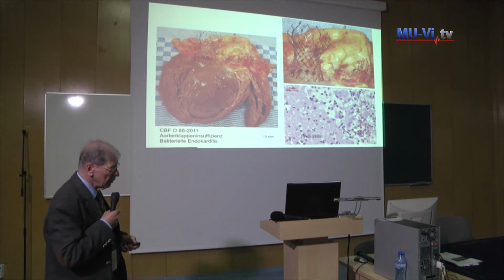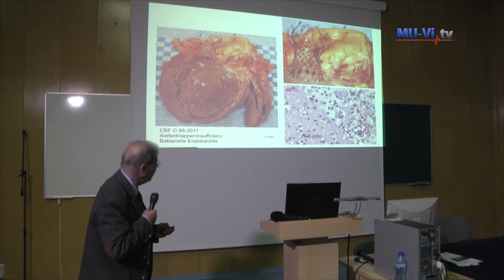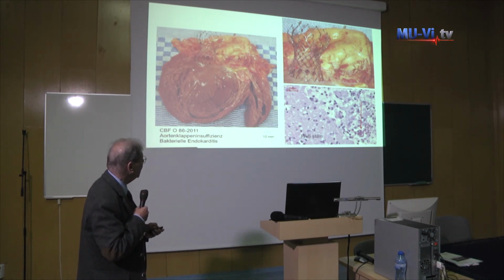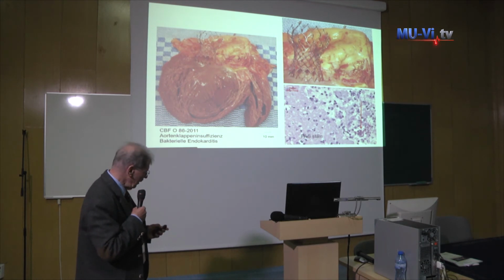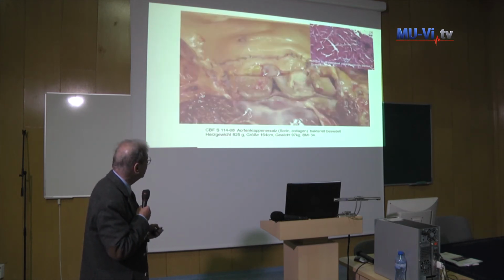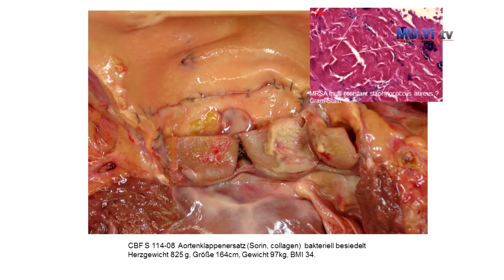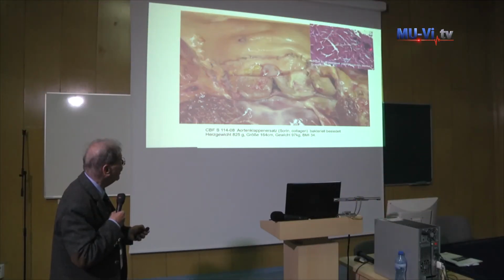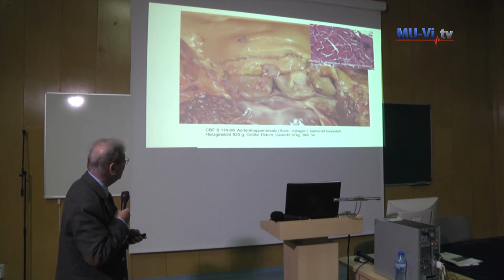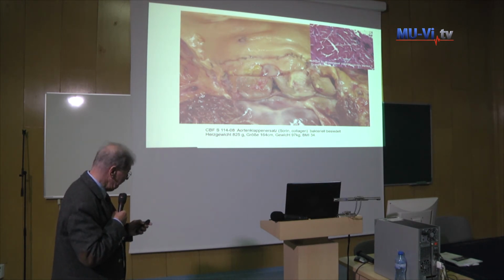And this is a really big problem in the clinical usage of materials, different materials. This is another example of an aortic replacement with a collagen material, and here again you see the bacteria and the patient died.